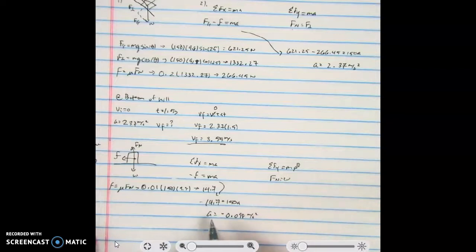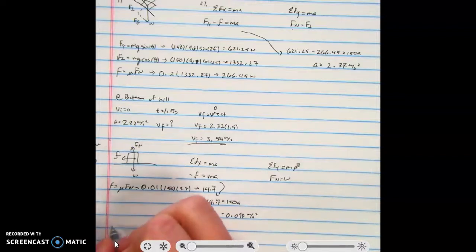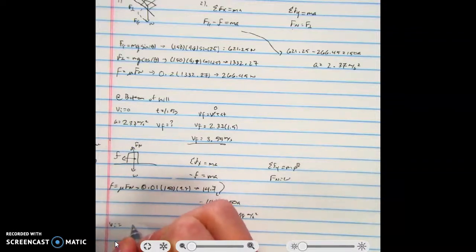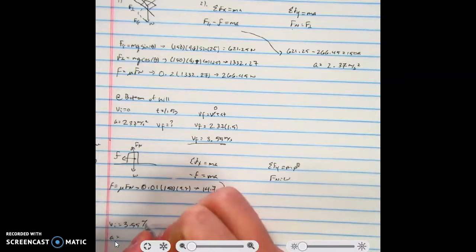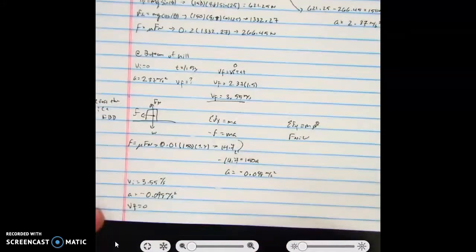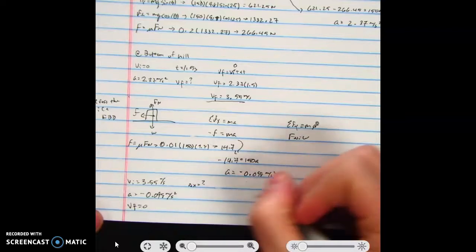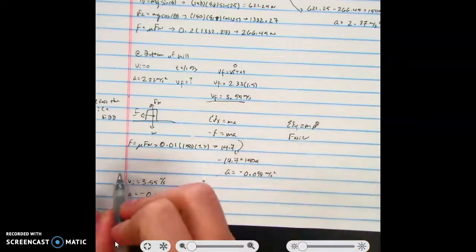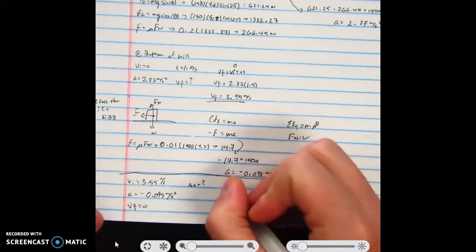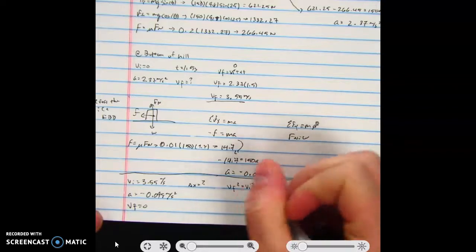This final velocity is now my initial velocity. So V initial is 3.55, A is negative 0.098 meters per second squared, V final is 0 because he's coming to a rest, and delta x is my question mark. We're going to use the third kinematic equation: V final squared equals V initial squared plus 2A delta x.